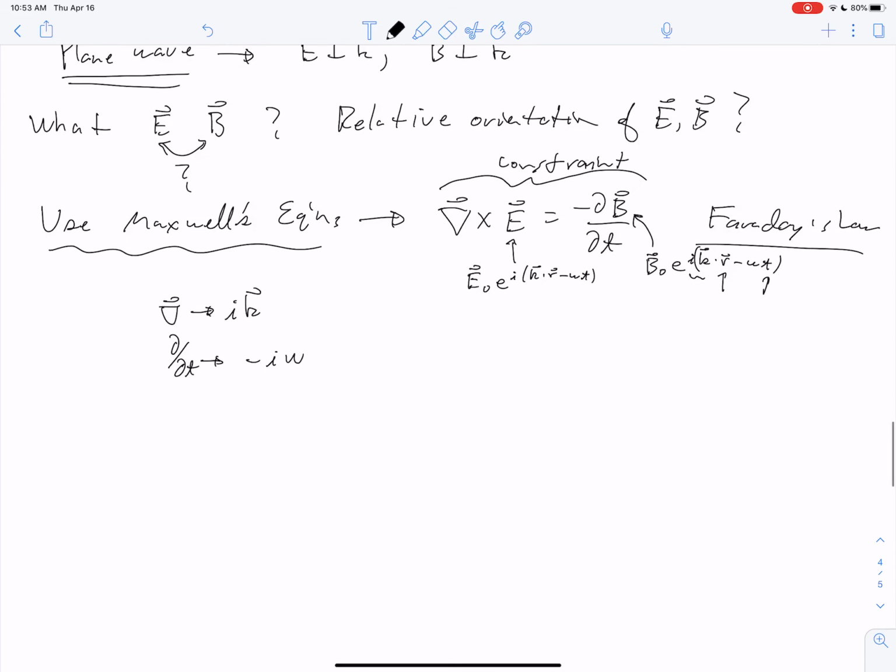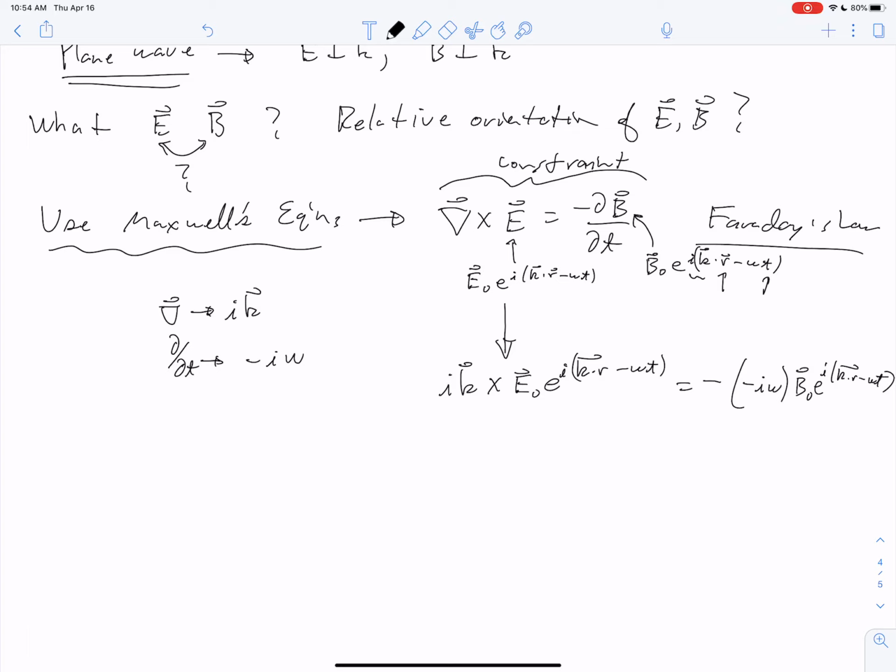This part turns into i k cross E naught e to the i(k dot r minus omega t), and on the right I have minus, and the derivative turns into minus i omega times B naught e to the i(k dot r minus omega t).